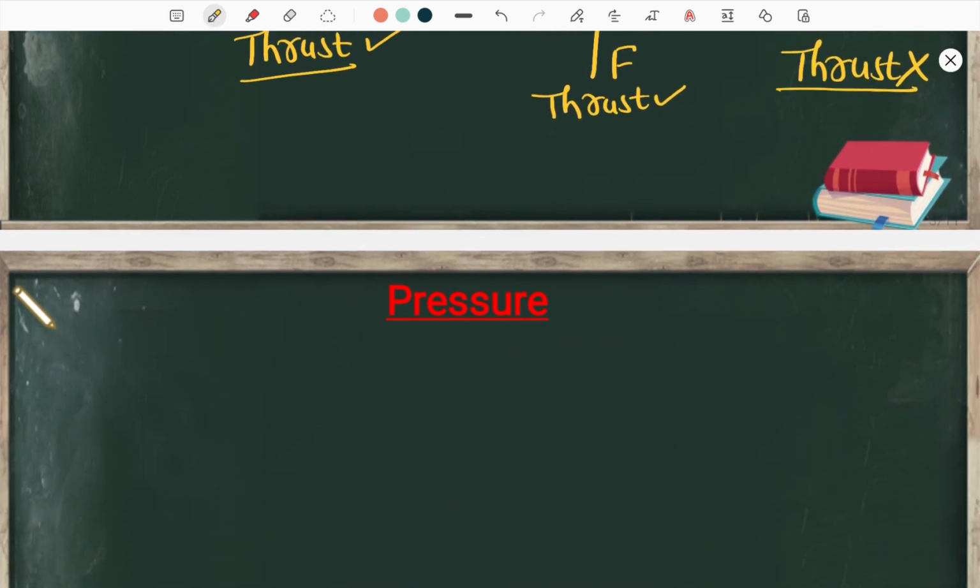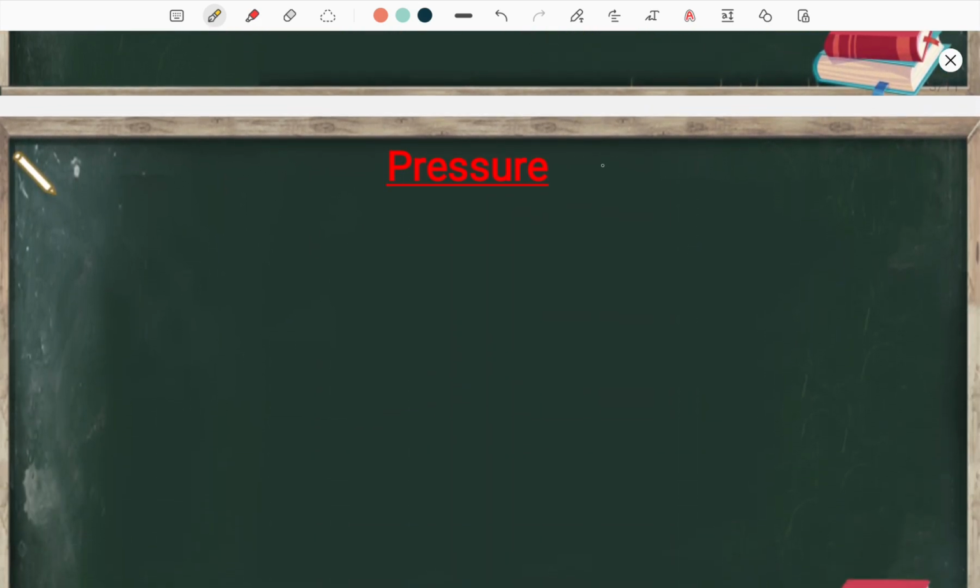Now let us have a look at the word pressure. The symbol for pressure is P, we know that, and if you say P is equal to F divided by A, force per unit area, this becomes wrong. This definition, force per unit area, is completely wrong.